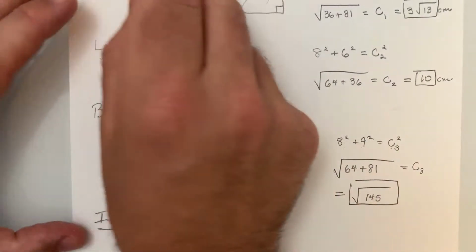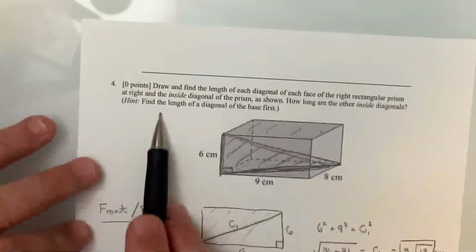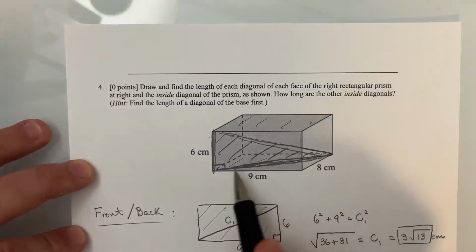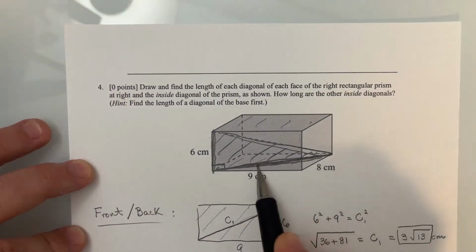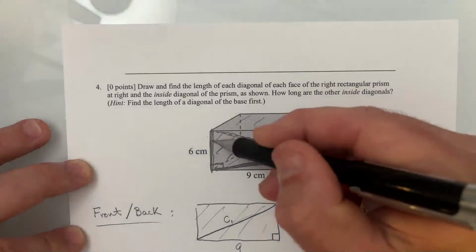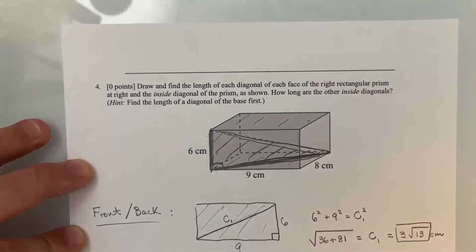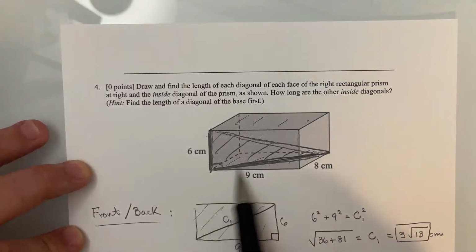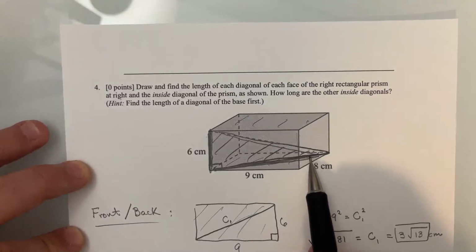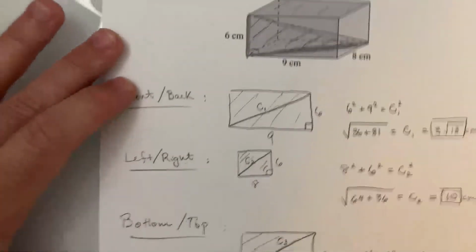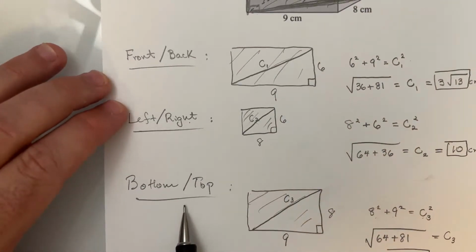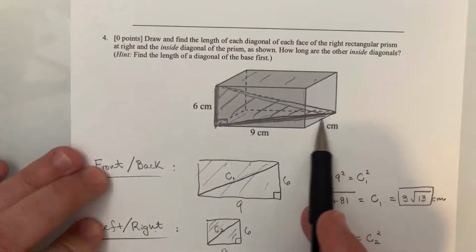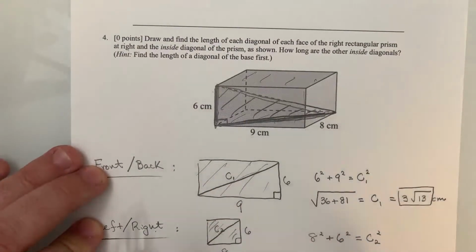So yeah, I see the hint now, right? Because it says find the length of the diagonal of the base first. So that's this leg. We already know this leg is 6. So the diagonal of our bottom is the length of the leg of this particular right triangle here, right?